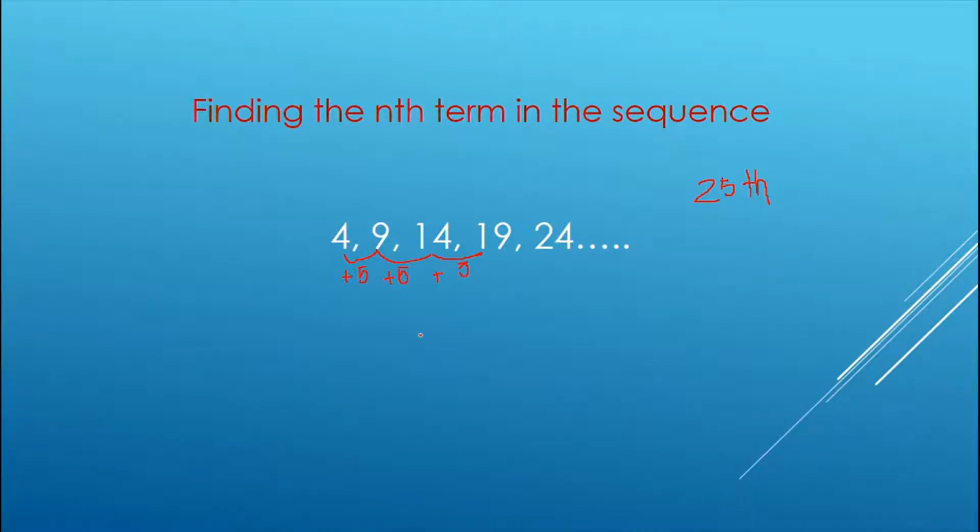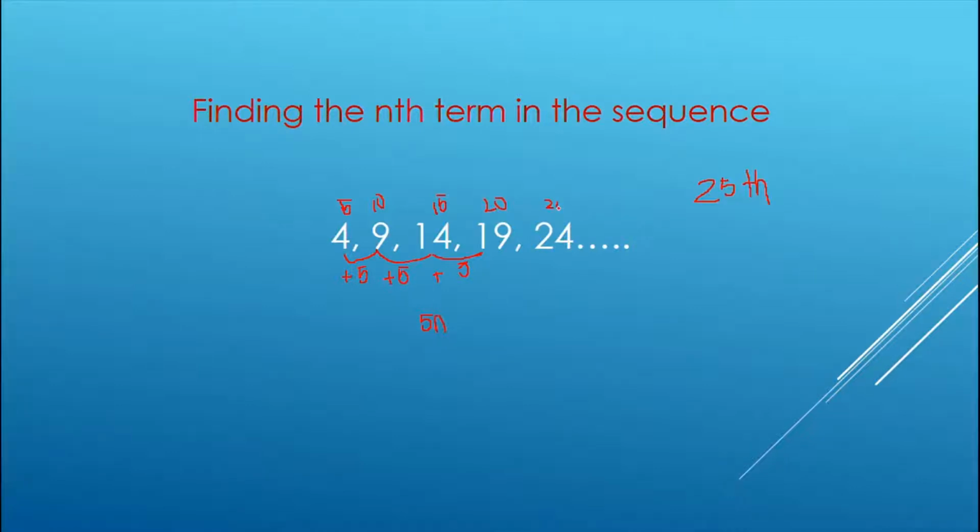So we can say that this one is 5. Since this one is plus 5, we have here 5, and n stands for the term. Since this one is plus 5, we are going to do the table of 5, starting with 5: 10, 15, 20, and 25.